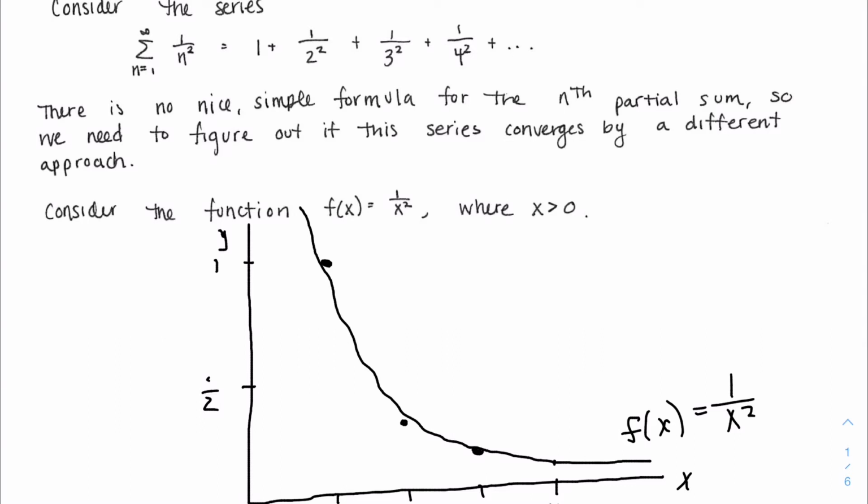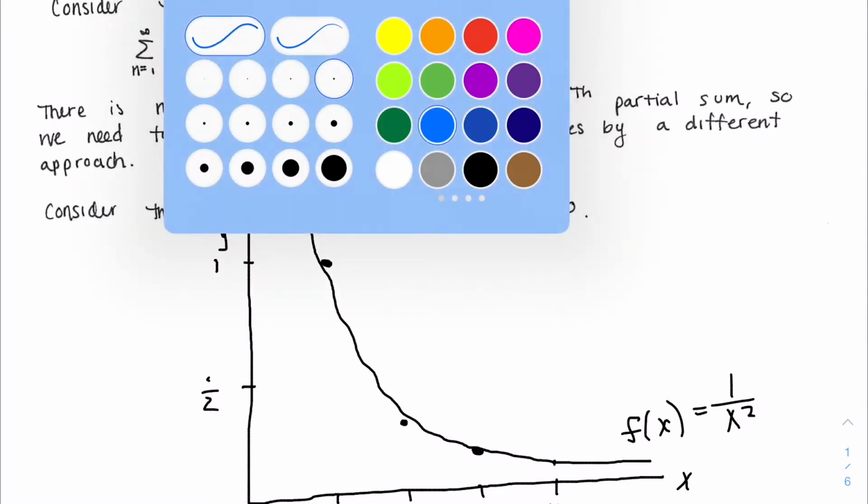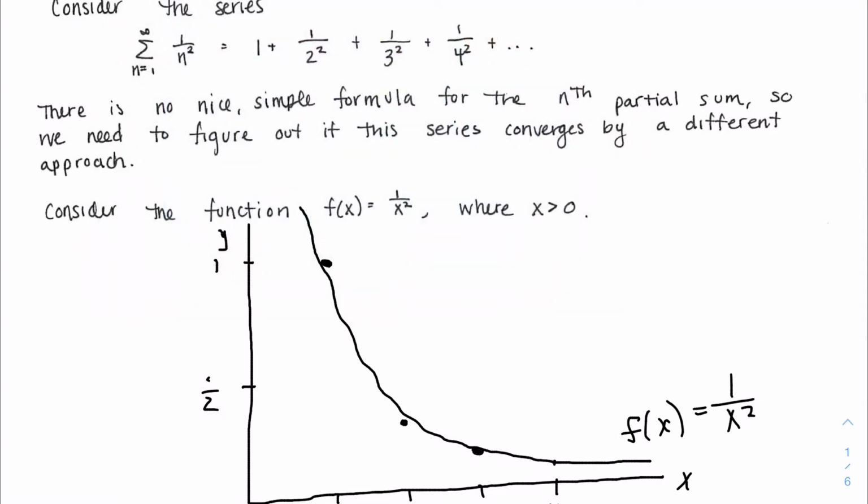Okay. So now let's consider a few things. If we look at this line here, we could estimate the area underneath this curve with a rectangle. The height of this rectangle would be 1, the width would be 1.